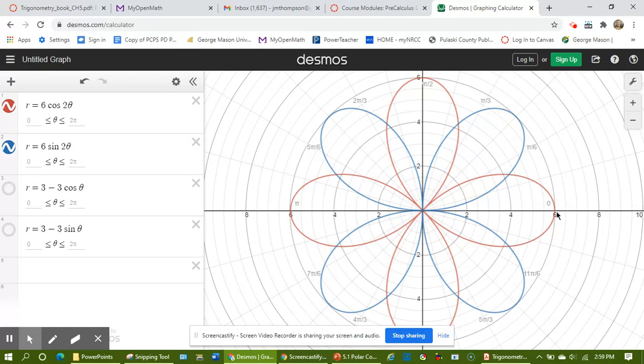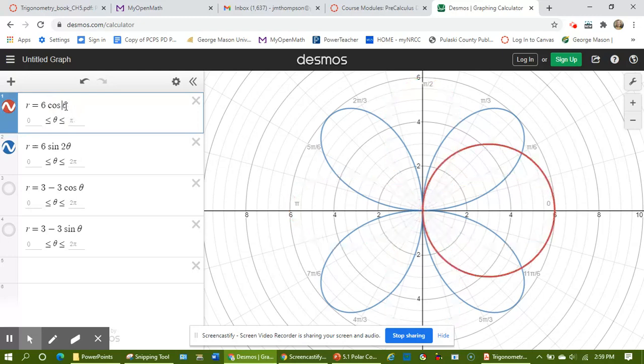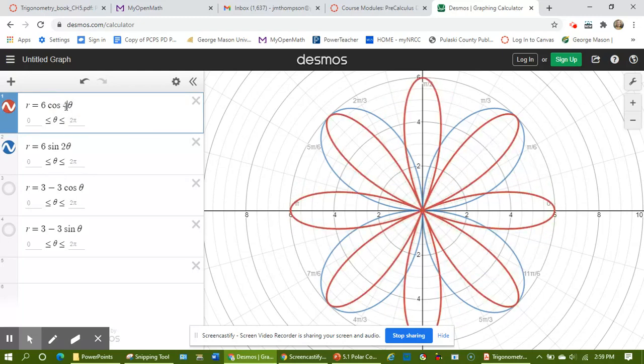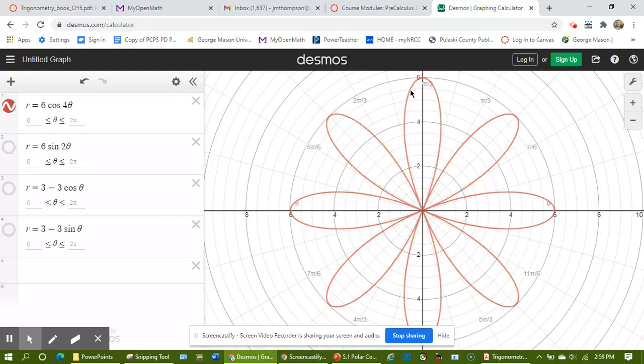Okay. Now, still, if I have an even number here, let's say 4, 4 would be my next even number. What happened there is I have 4 times 2. I have 8 petals here. If I count these, I have 8 petals here. I still know this is a cosine rose because the first petal is on my x-axis.